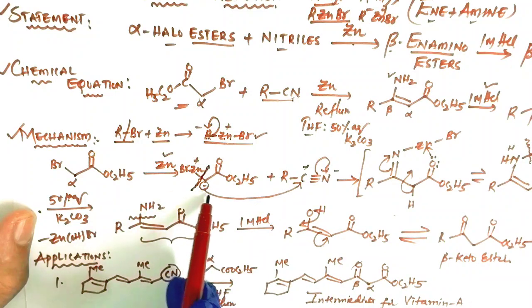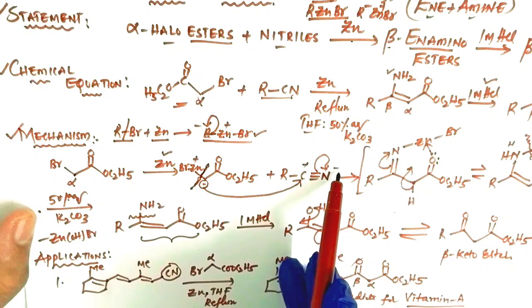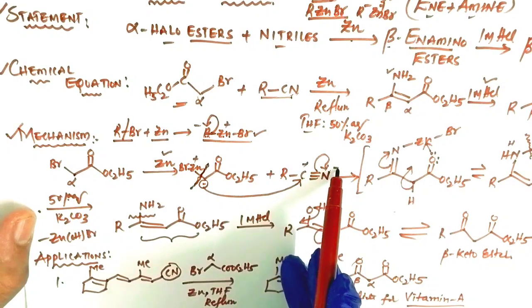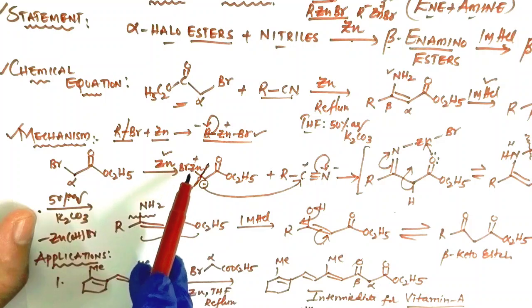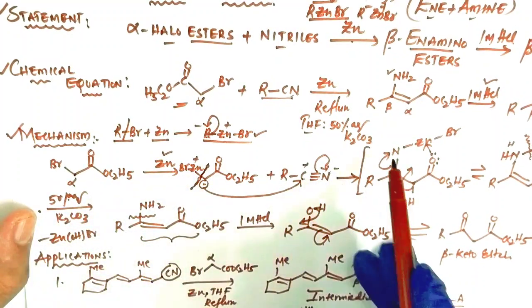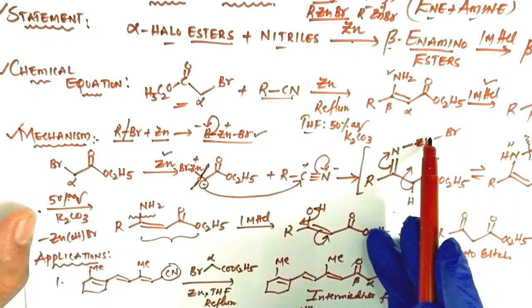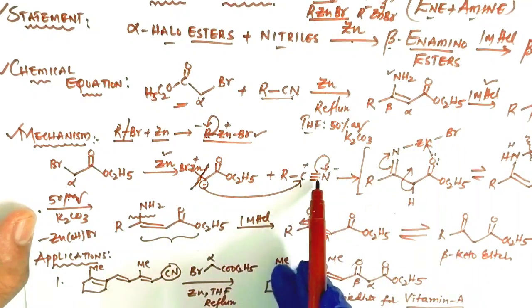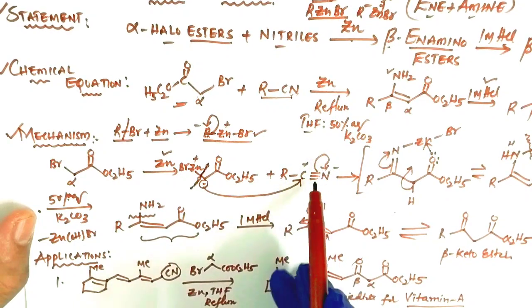So this negative charge approaches the carbon to form a bond, and nitrogen comes up with N minus. Here which one is removed? ZnBr plus. So this ZnBr approaches N minus to form N-ZnBr. Is it clear?